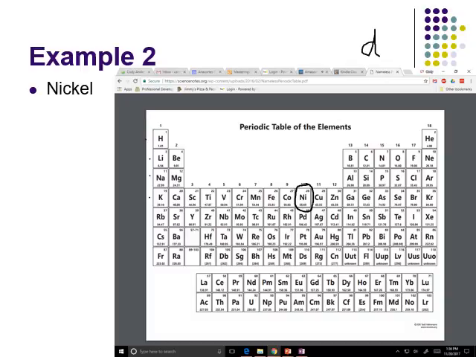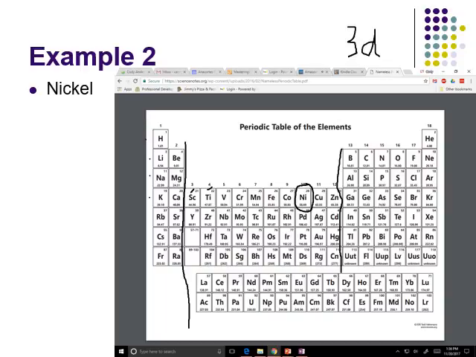Now remember, because we're in the D block, the energy level of its ending isn't the period, it's the period minus 1. Since it's the fourth period, that means we are in the 3D. Now the D block, again, starting kind of here with scandium and going to here, we want to count how many in.